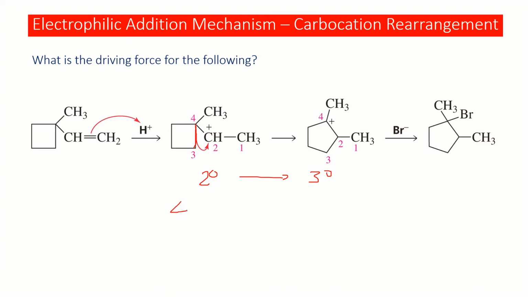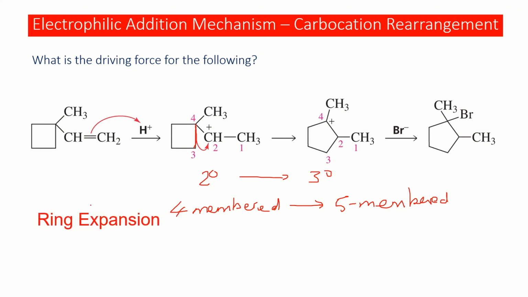A four-membered ring becomes a 5-membered ring, the 5-membered ring, of course, being less strained. And so there's a huge incentive for this rearrangement to occur.